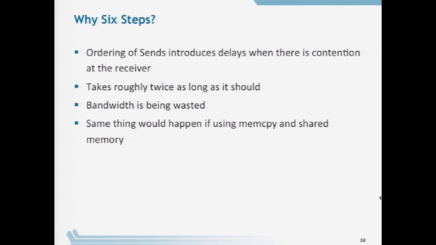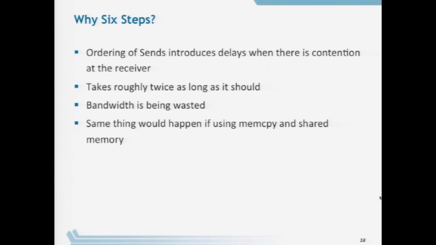Okay, so what's the fix? Well, the fix is to recognize what the problem is. The problem is that by using a blocking send, you've established an order of completion that's unnecessary. Right? So you want to exchange the halo. Often you do not care in what order you exchange the halo.